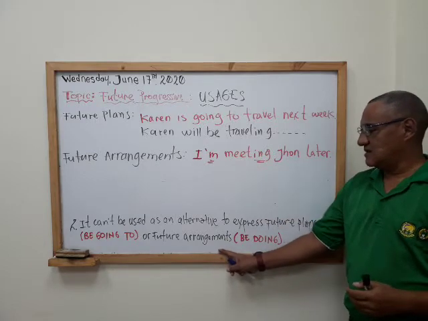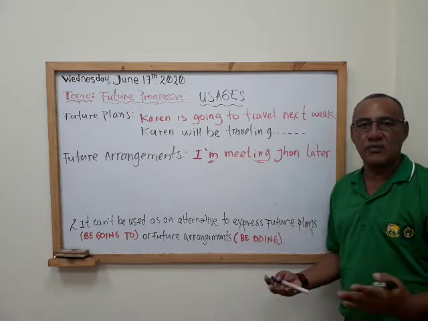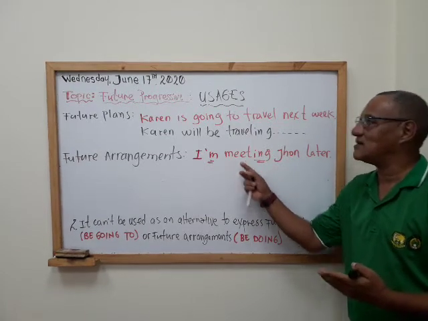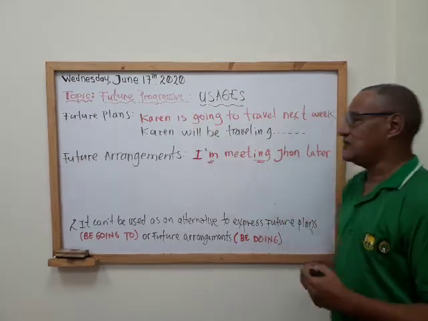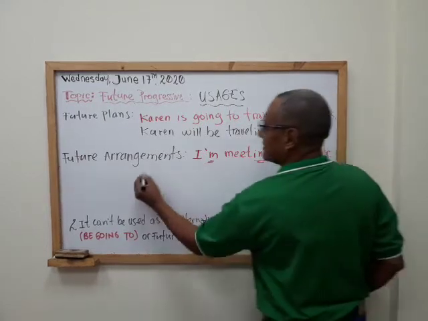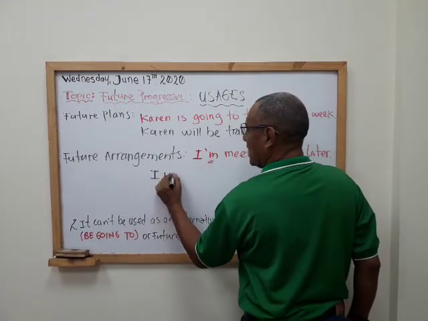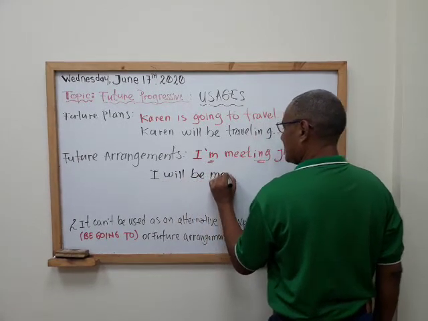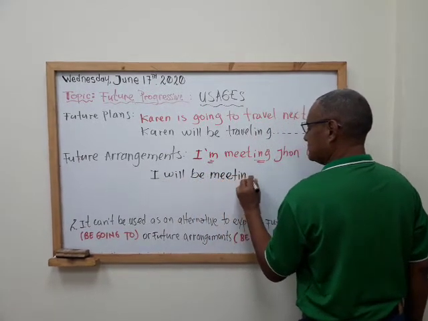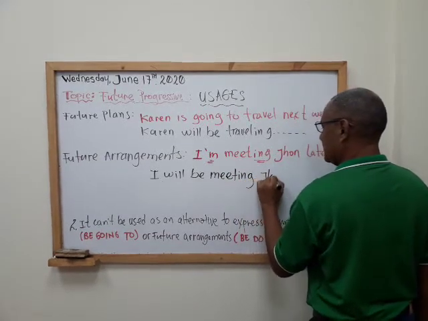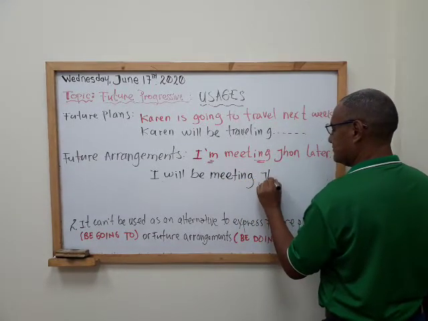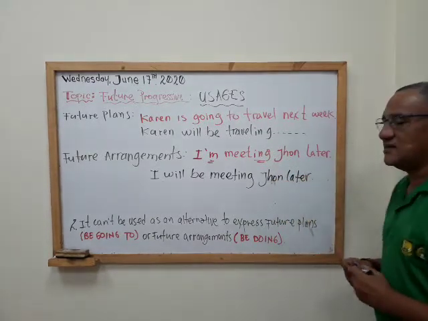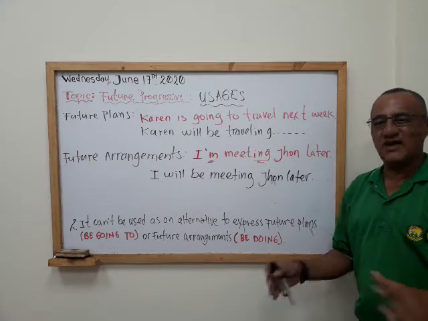This is an agreement, something that has been arranged. Then I will express the same idea, but using future progressive. I will be meeting John later. So on these occasions it is just the same.